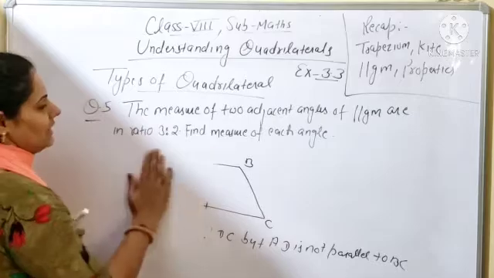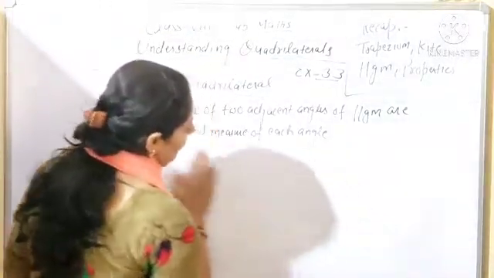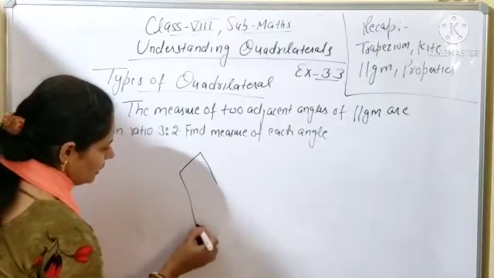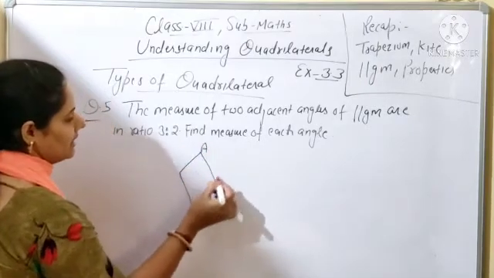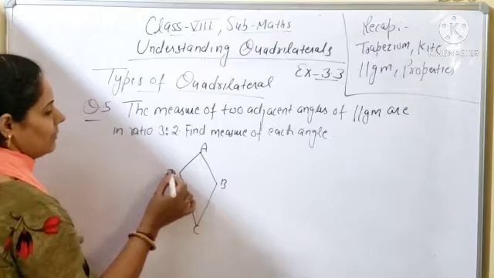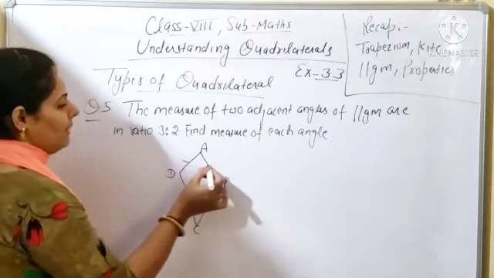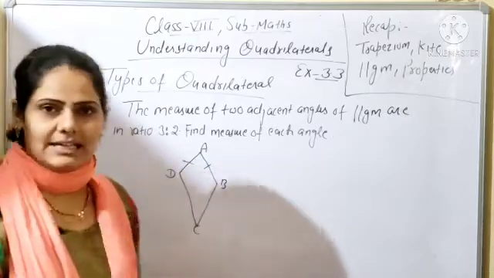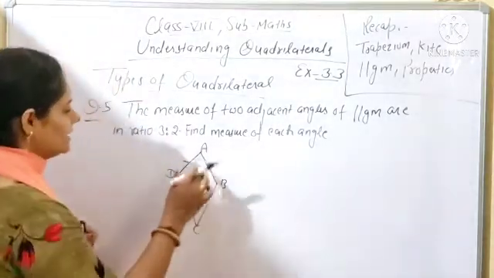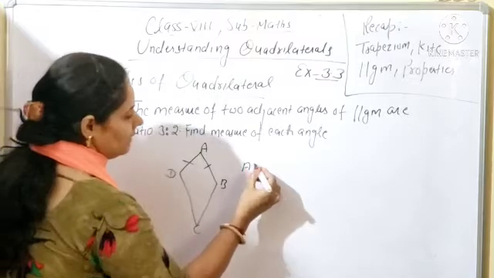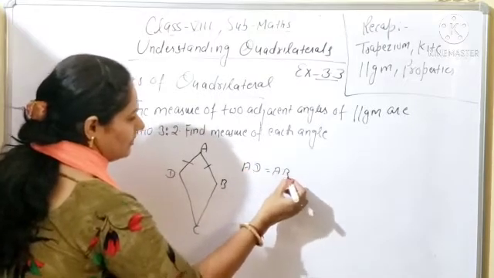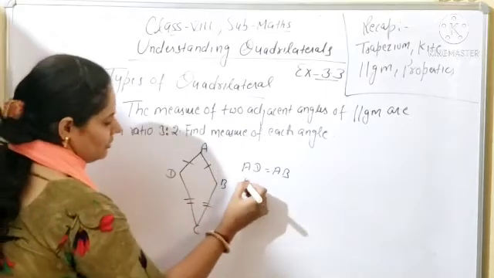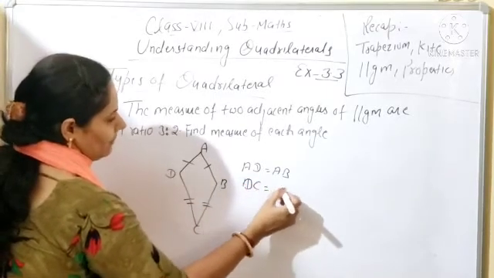Next one is kite. What is the definition of a kite? For example, it is also a type of quadrilateral. You can say ABCD is a quadrilateral where both pairs of adjacent sides are equal. The pairs of adjacent sides are AD and AB, so AD will be equal to AB, and the second pair is DC and BC, so DC will be equal to BC.